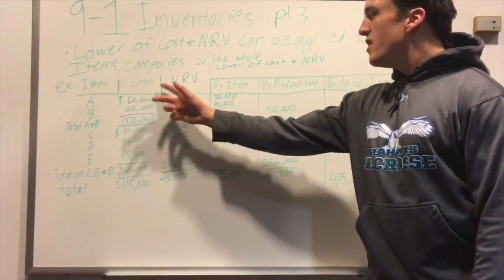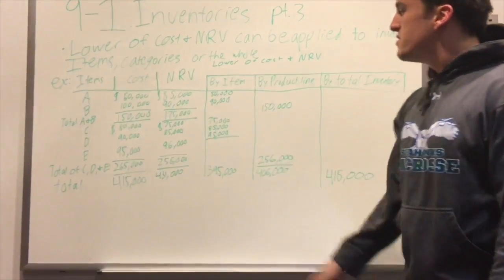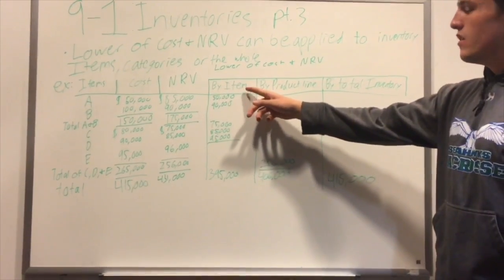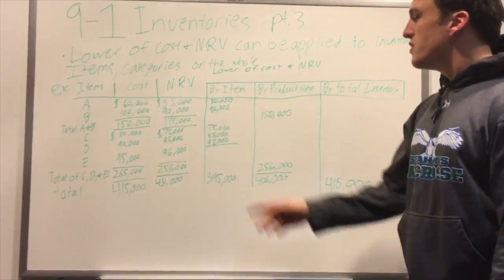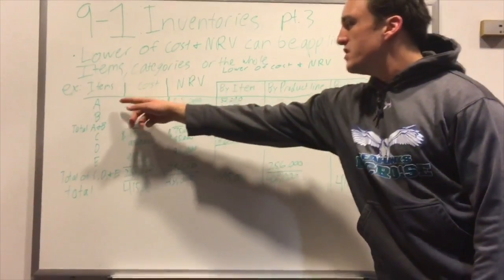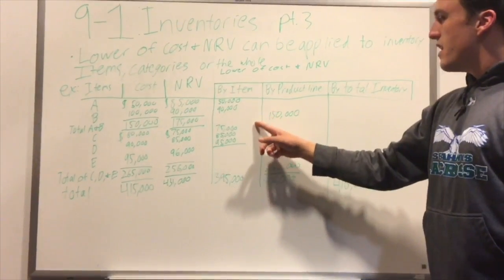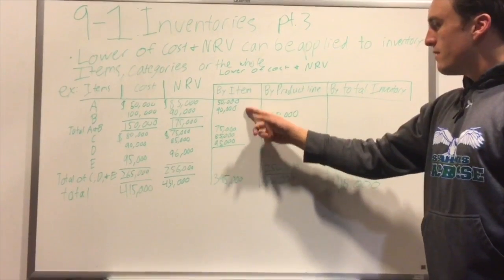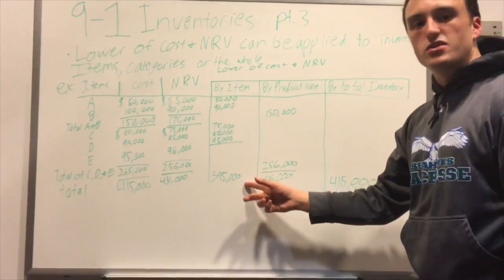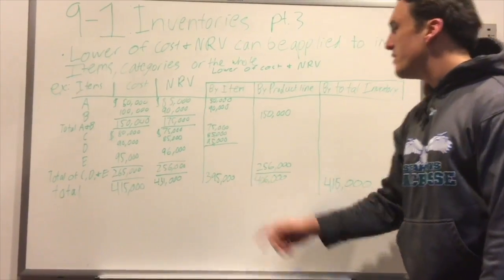You'll have your cost and your NRV for each item. In order to find the lower of the two for items, you'll take the lower number of each individual item and then add them up, as you can see here, and that is your total for the lower of cost and NRV.